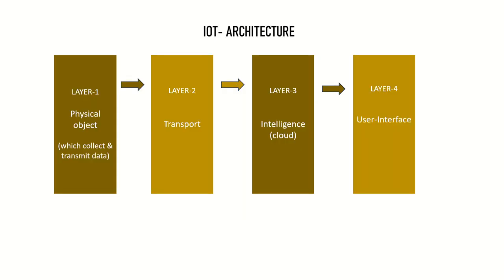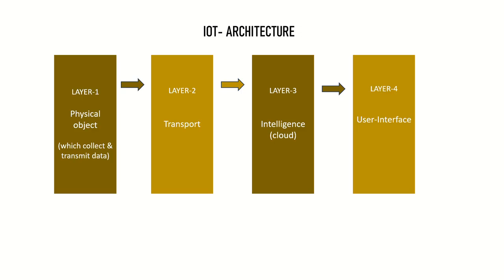Next is our layers. IoT architecture has four different layers. First one is physical object. Second layer is transport. Third is intelligence or cloud. And fourth is user interface. Basically, the first layer, which is the physical layer, includes sensors and actuators, and its function is to collect data from the environment.